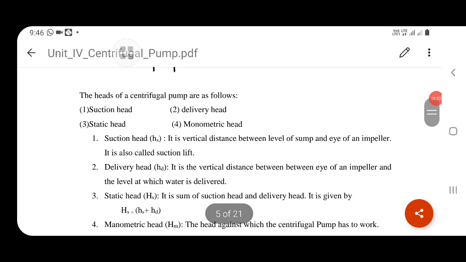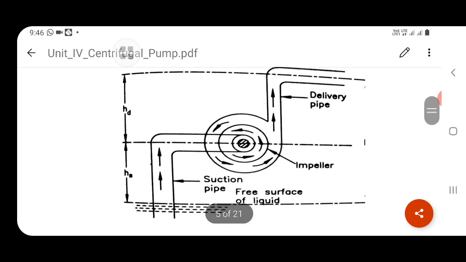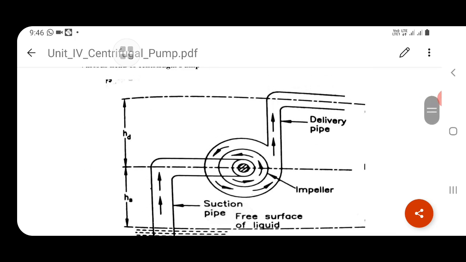So next is the delivery head. In the diagram HD is the delivery head. It is the vertical distance from the eye of impeller to where delivery is required.